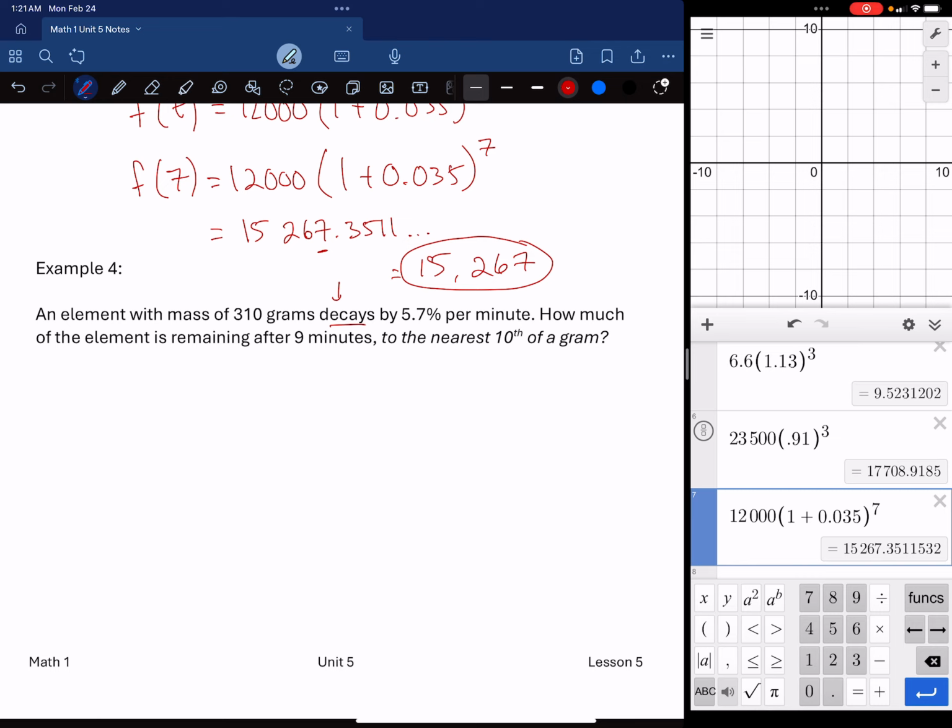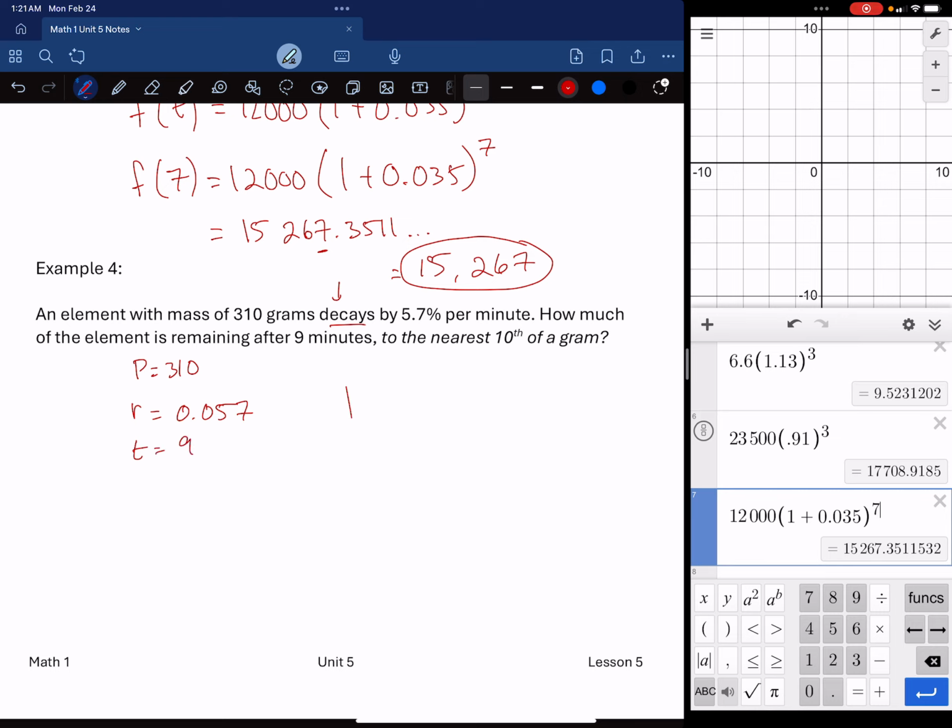So our principal is 310. Our rate, we write 5.7% as a decimal, so it'd be 0.057. And then our time is going to be 9.